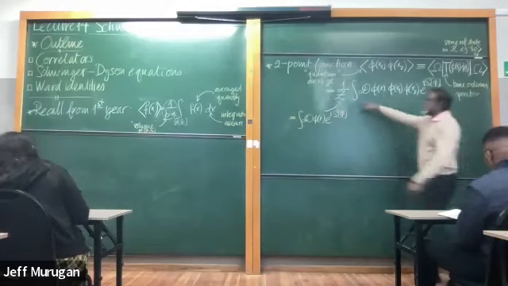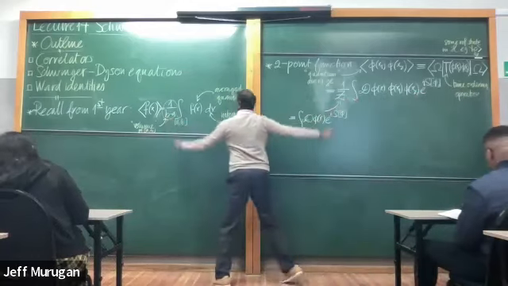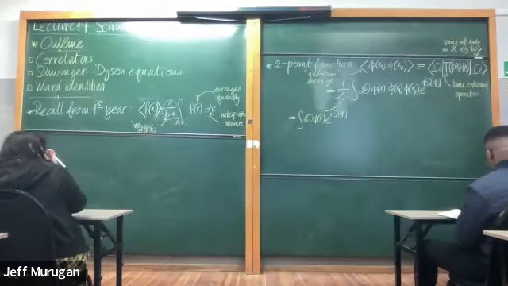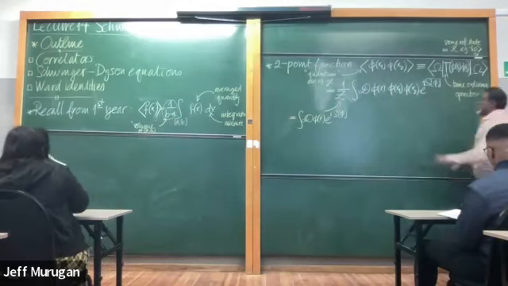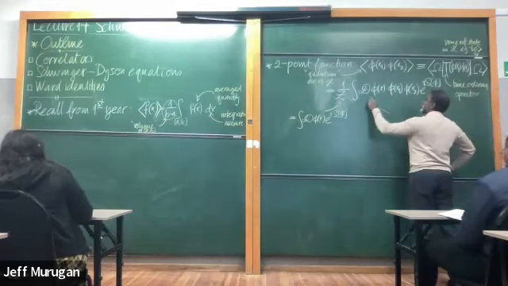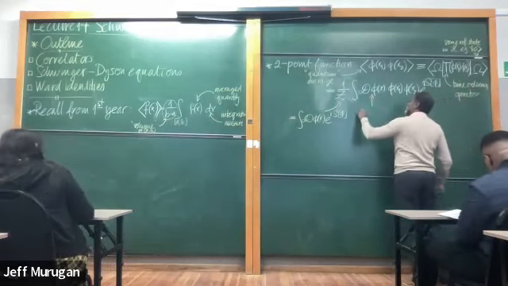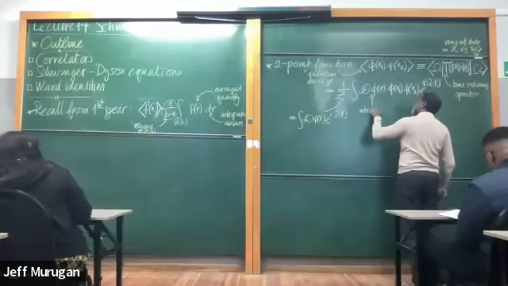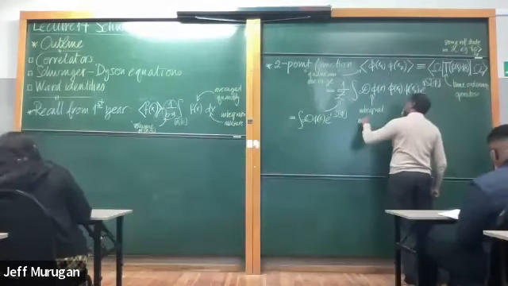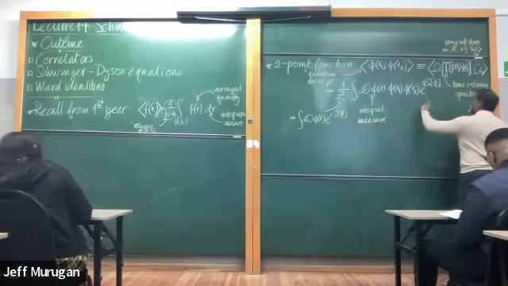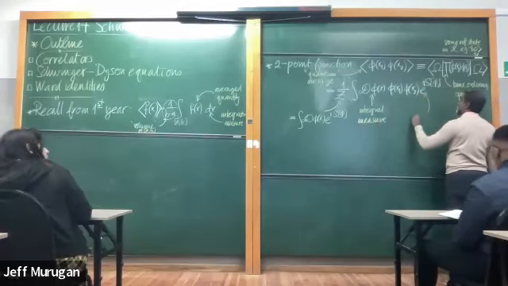So again, it plays the role of 1 over b minus a, which in that context as well normalizes the average. And these two things together are the integral measure weighted by the classical action.